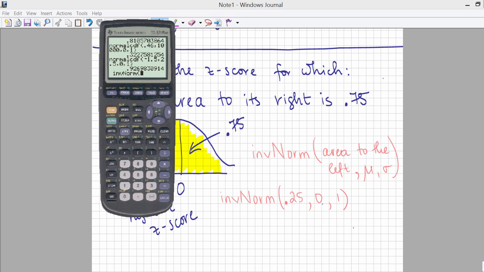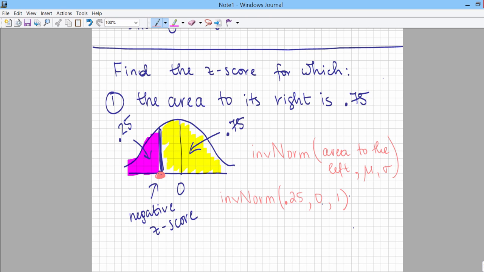Okay, and now we do 0.25, area to its left, 0, 1. Enter. Huh? What happened? Okay, so let's delete this space here. And there you go. So negative 0.6745.